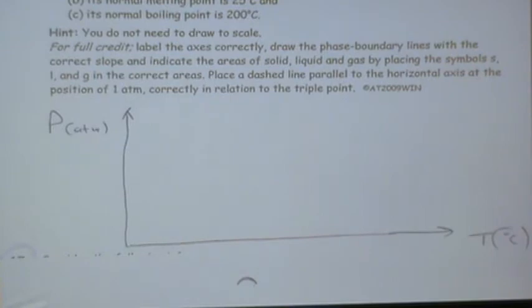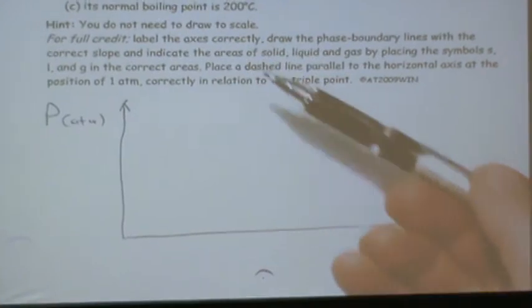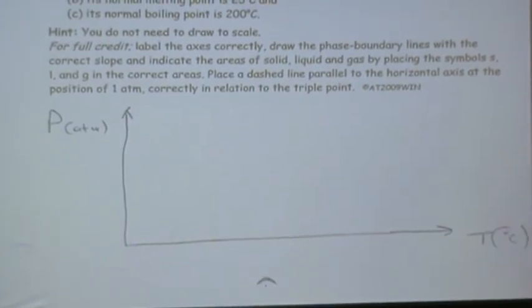Okay, and then it says to draw the phase diagram of the substance, you know the following information. So you have triple point, normal boiling point, and now you have to really consider all this information in order to do it right.